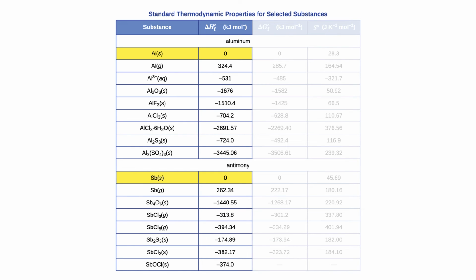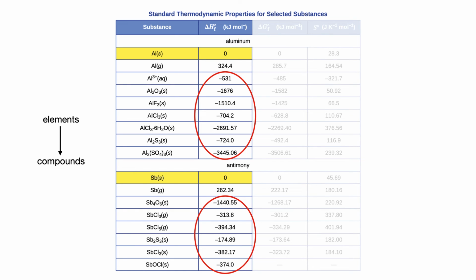Another thing that you'll probably notice when you look at these tables of enthalpies of formation is that many of those delta H values are negative. And that reflects the fact that for most compounds, they have an enthalpy that is below the enthalpy of the elements. In other words, compounds tend to have less energy than their constituent elements.